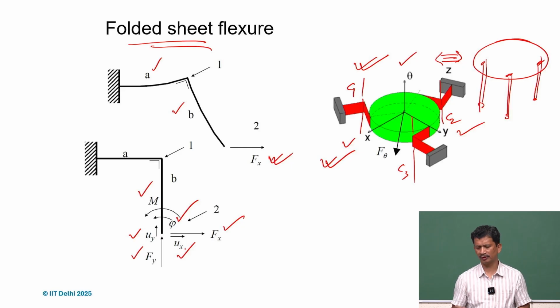Again, this is within the elastic range, the millimeter elastic range of motion, so it will always come back. It works as a spring, though it will be non-linear, but if there is a force, there will be deflection. If we remove it, it will come back to its original position.